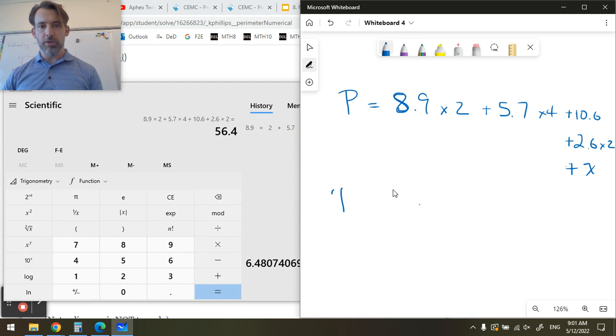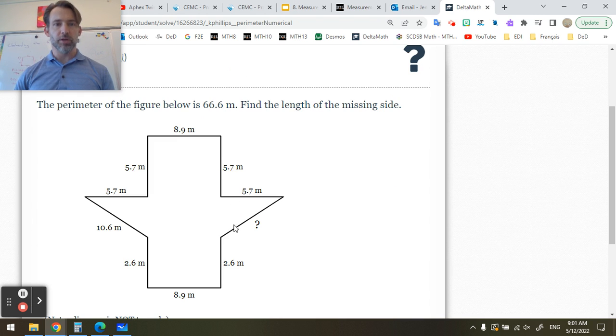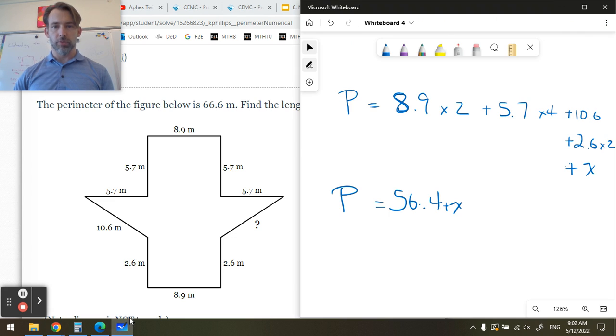So I know that the perimeter is equal to 56.4 plus x. I'm also told that the total perimeter is 66.6. So let's put that in. 66.6 is equal to 56.4 plus x.